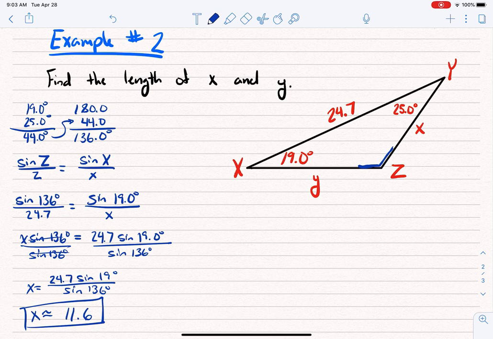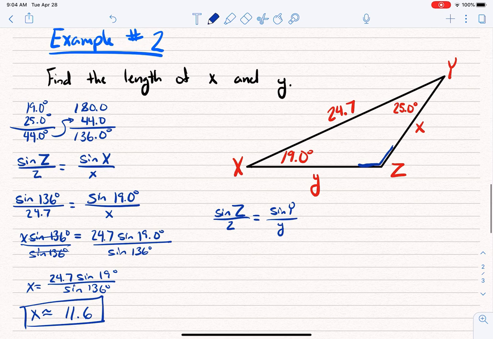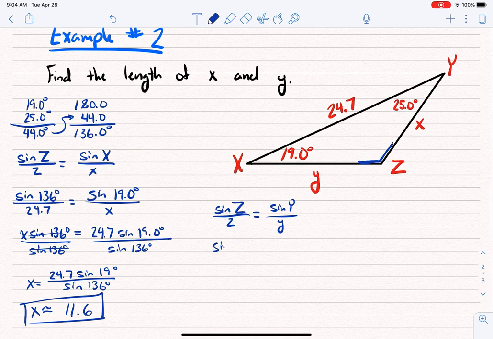All right, well, I set it up the same way. I know that the sine of z is to z in the same way that the sine of y is to y. So sine of z, well, I know z was 136 degrees, and z is 24.7, is equal to the sine of y, y is 25.0 degrees, over y.